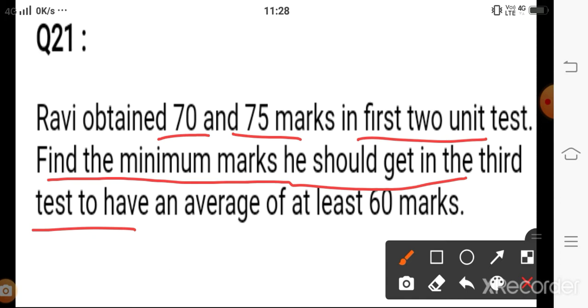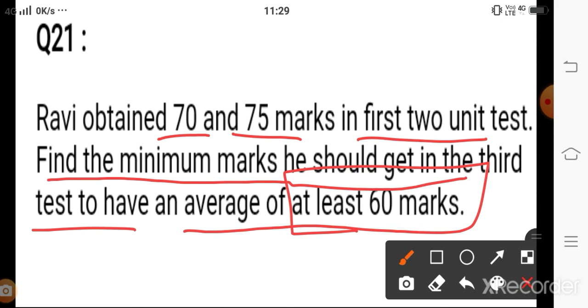The minimum marks we consider as x, and a condition is given here. We have to find the minimum marks he should get in the third test to have an average of at least 60 marks. It means a minimum of 60 marks, maybe the average is more than 60.